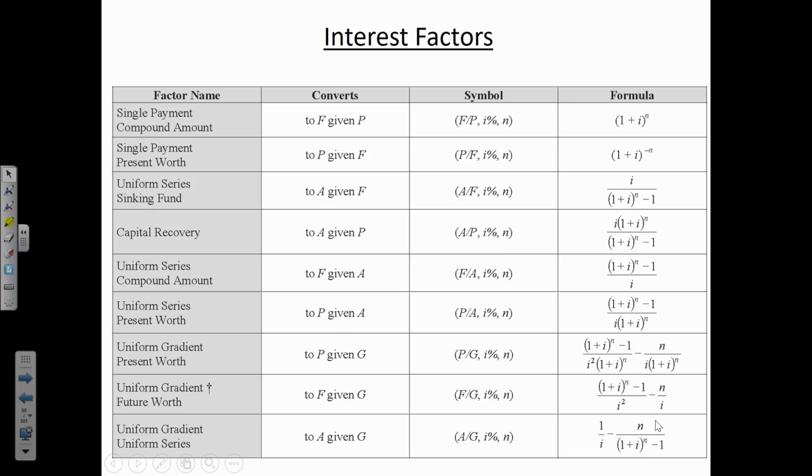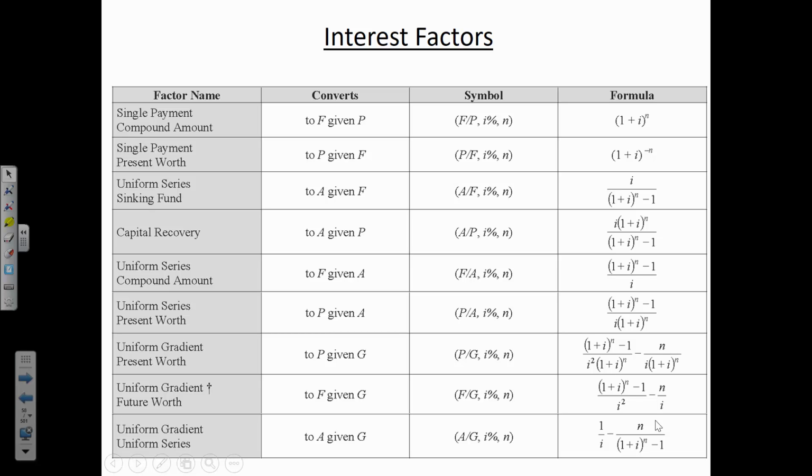These equations will allow you to calculate a ratio for any type of cash flow problem you're likely to see in this course. As I mentioned before, there are pre-solved tables in the back of your textbook that solve these for different n values and different interest rates.